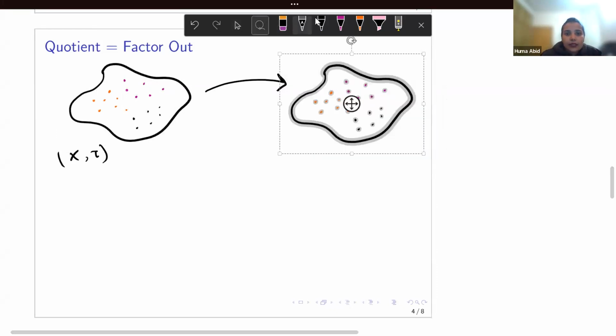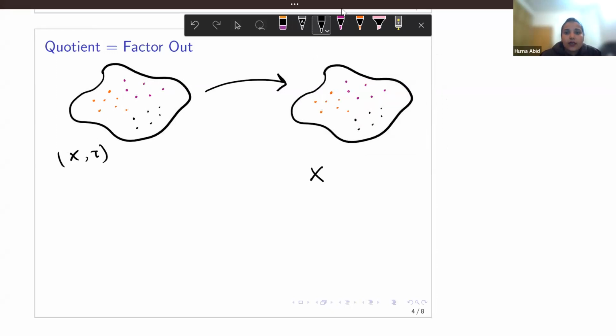So this is your same space X, but now instead of having all of these many different points, what you're doing is you're saying, okay, I'm going to club all of the orange points together and just have one class representing the orange points, and then club all the pink ones and have one class represent all the pink points, and then similarly just one class representing the black points.